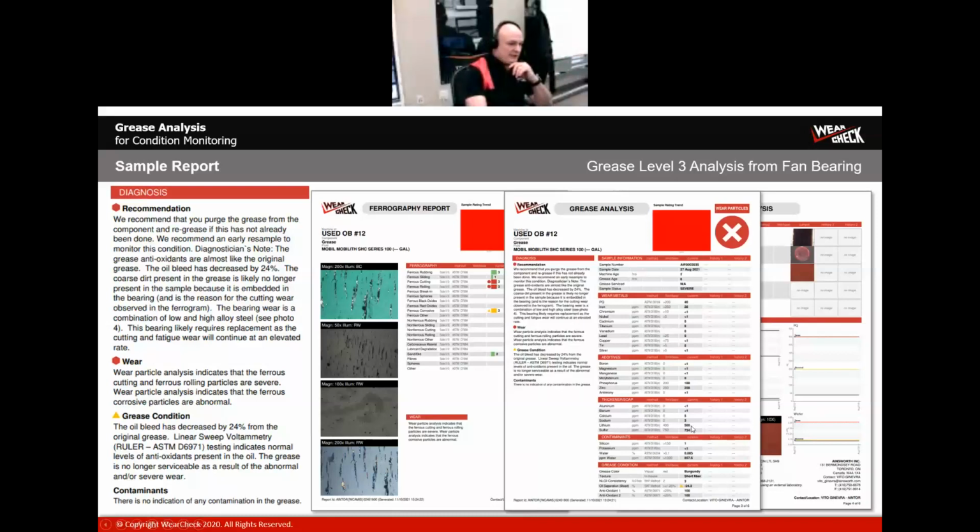We look at contaminants, we look at the grease condition itself: NLGI consistency, texture, color, oil separation, antioxidants. And then if you're doing the wear particle analysis, full ferrographic analysis as well. And as I say, most of the time the greases we're looking at in my situation tend to be more for troubleshooting, so the recommendations and the discussions tend to be quite involved.